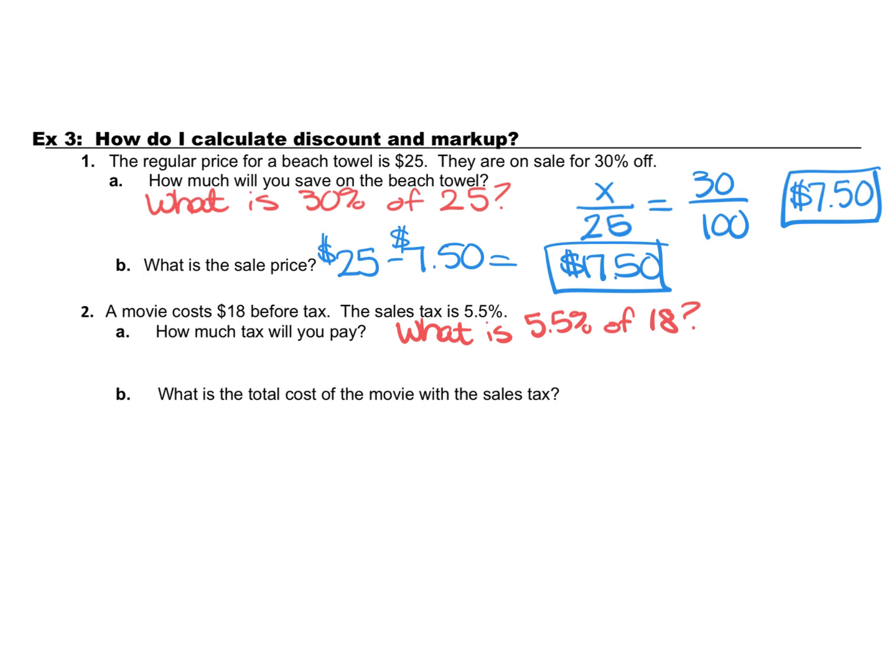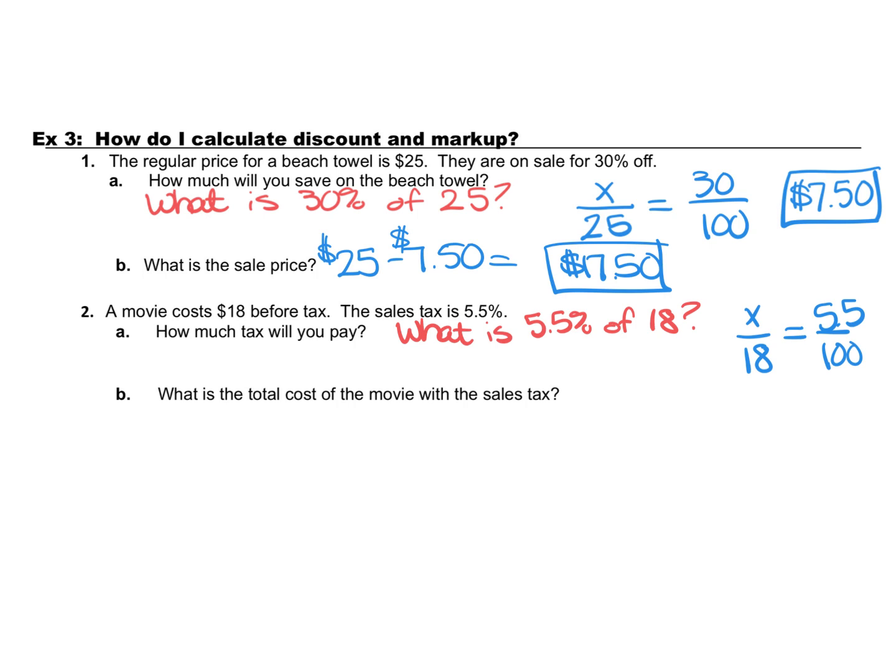So again, you could turn that to a decimal by dividing by 100, so you'd have 0.055 times 18, or setting it up as a proportion, and our percentage always goes over 100. Even if it has a decimal there, it's going to go over 100 because it's got the percent sign on the back of it, so it is a percent there.